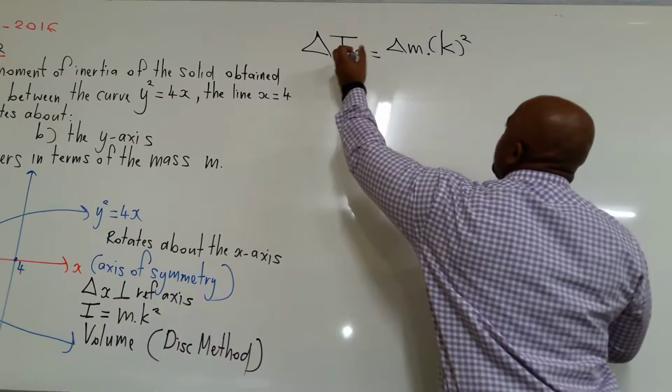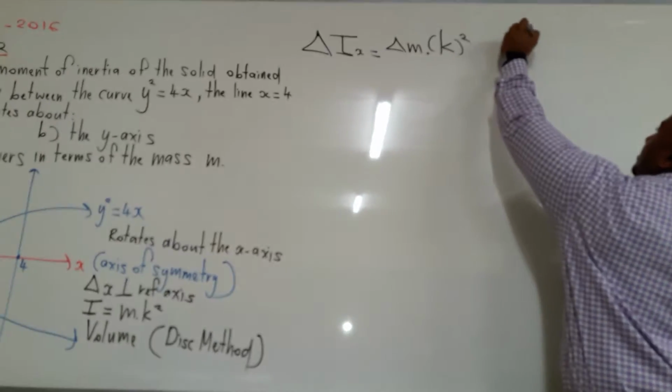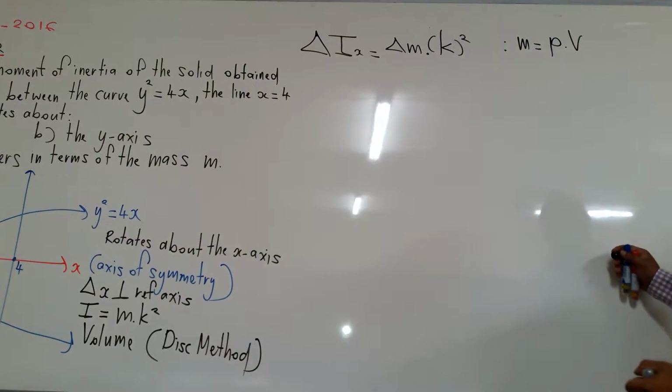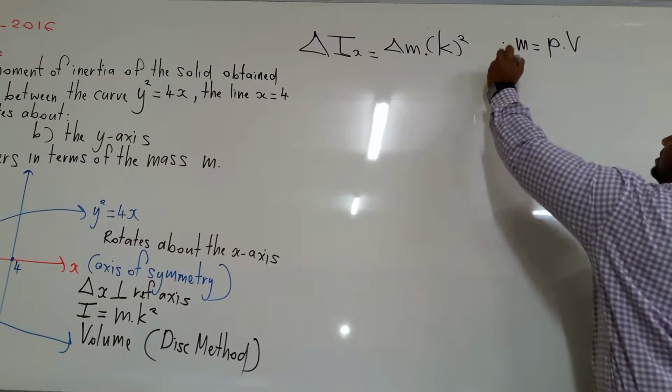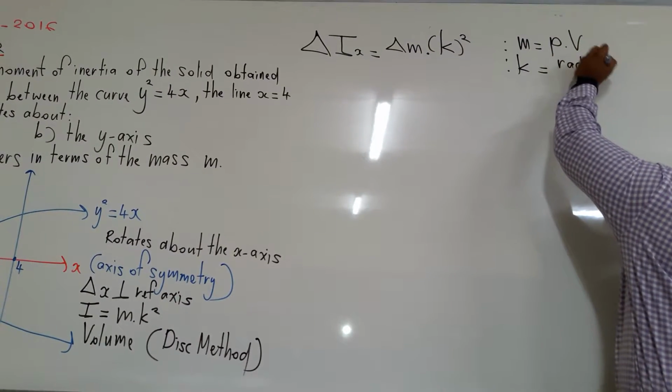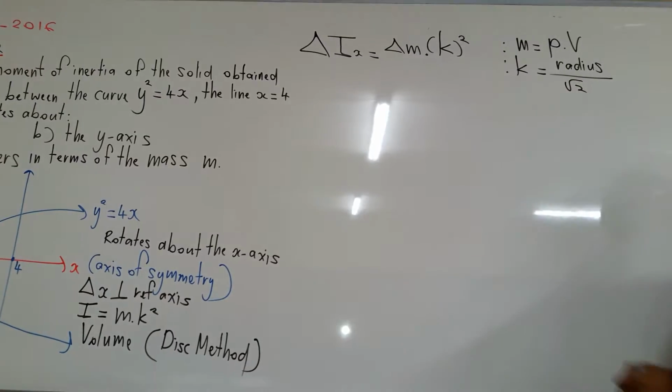So now, what is mass? Mass is equal to density times the volume, and also K is equal to the radius all over root 2.